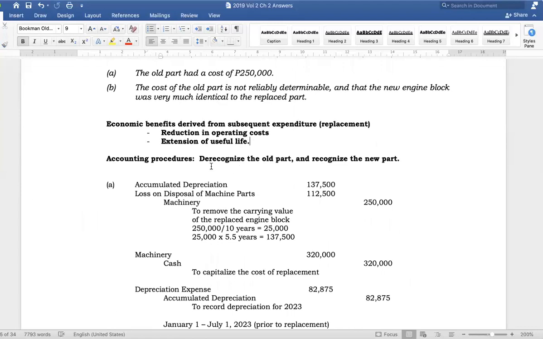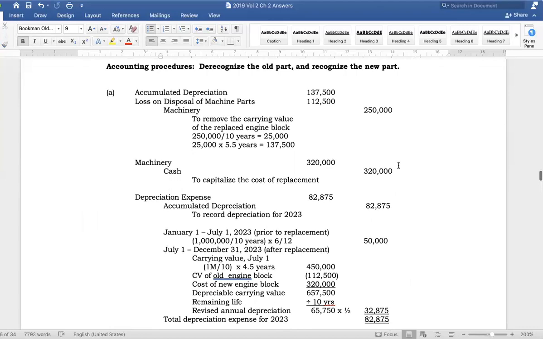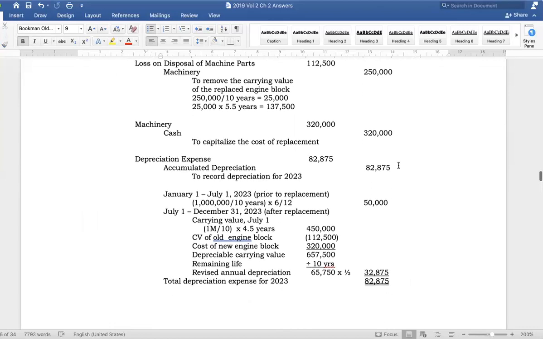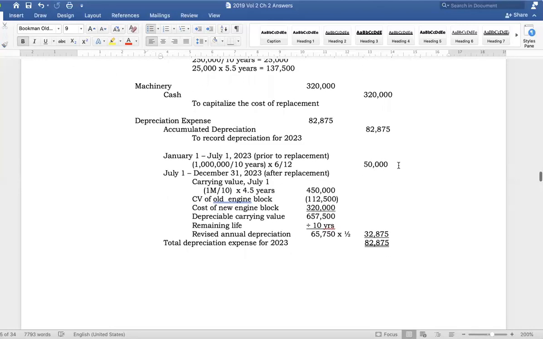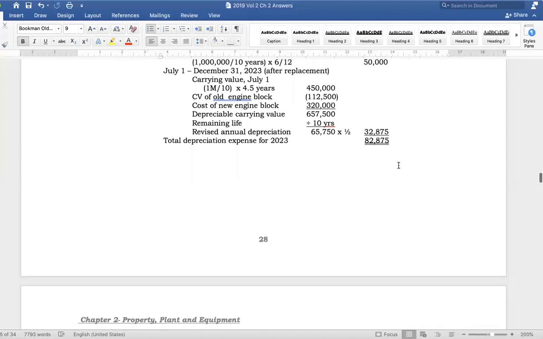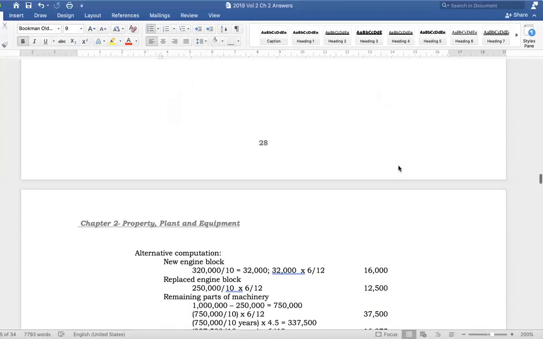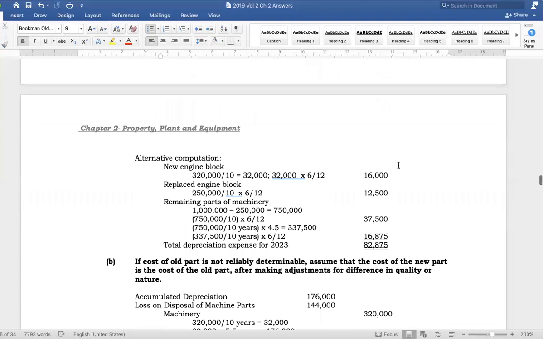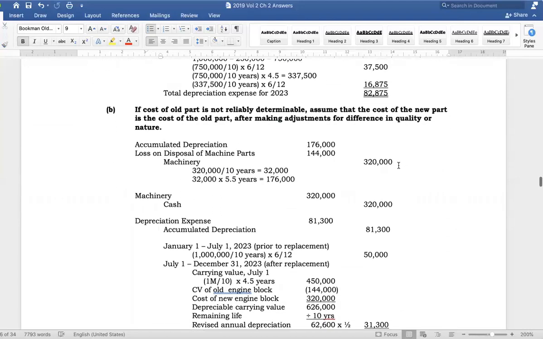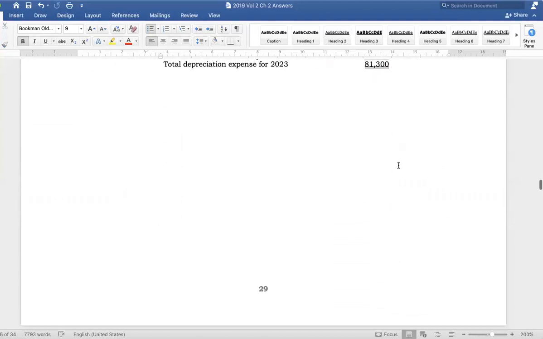So your accounting procedure is that you are to recognize the old part and recognize the new part. However, if the replacement is one that is anticipated and that is considered to be a maintenance activity, then the replacement will have to be debited just to repairs and maintenance expense.